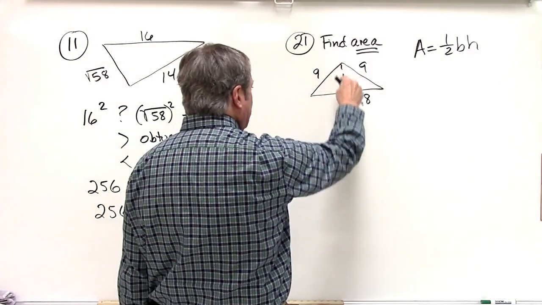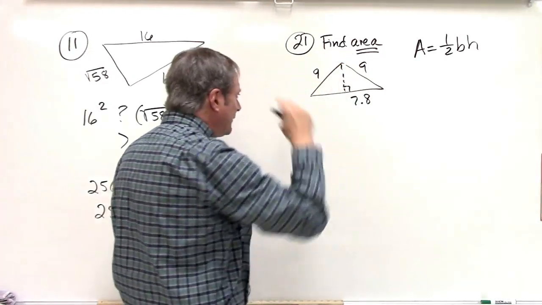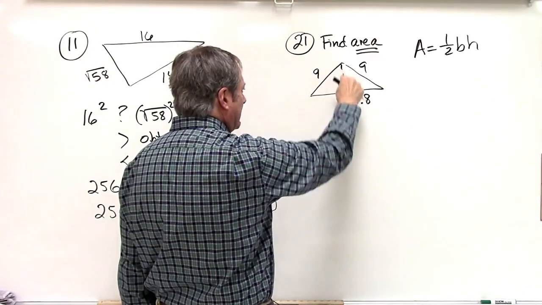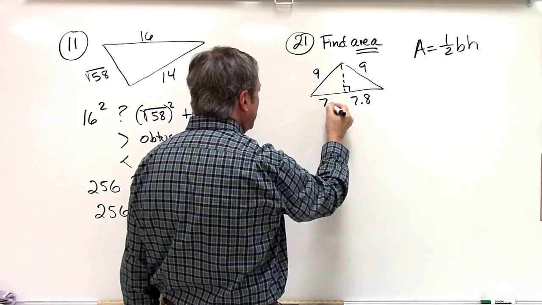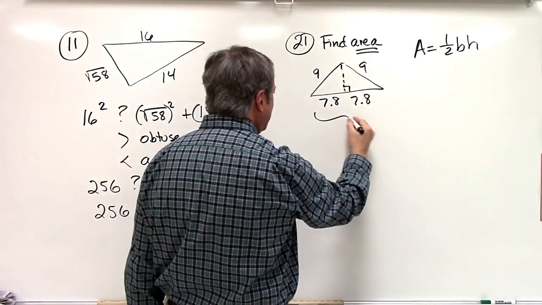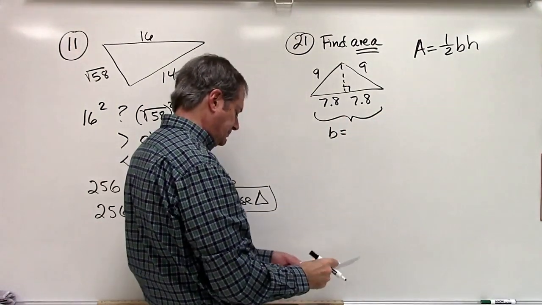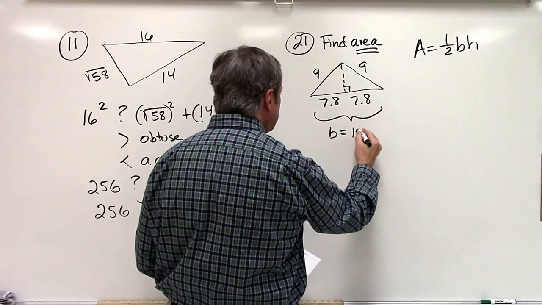And because this is, you really haven't gotten to this point yet, but you could probably guess, this is an angle bisector, which means this side and that side are the same. So if that side is 7.8 and that side is 7.8, then the base is equal to 15.6.